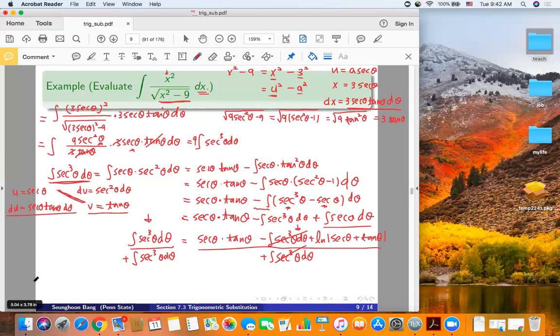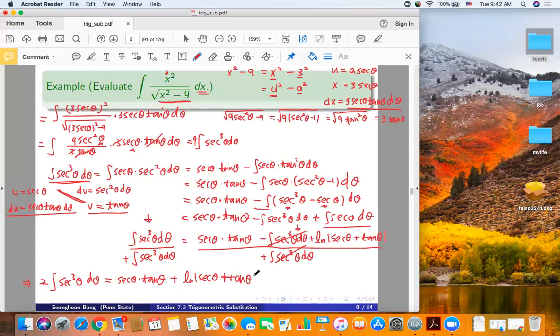You can add these two integrals. So this result we have here: 2 times the integral of secant cubed theta d theta equals the remaining part, secant theta times tan theta plus ln of secant theta plus tan theta.